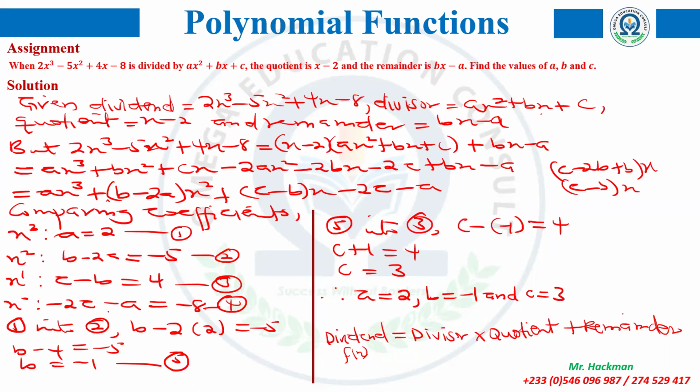Again, if you want to get C, you have to substitute. What I use here, I use the B to find the C. Someone can also use the A to find the C. But I will advise in this situation, please go for the A. Because as for the A, the likelihood that it will be wrong will be very slim.